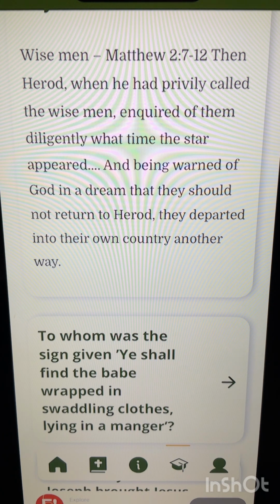According to Matthew chapter 2, verses 7 to 12, then Herod privately called the wise men, inquired of them diligently what time the star appeared, and being warned of God in a dream, they should not return to Herod. They departed into their own country another way.